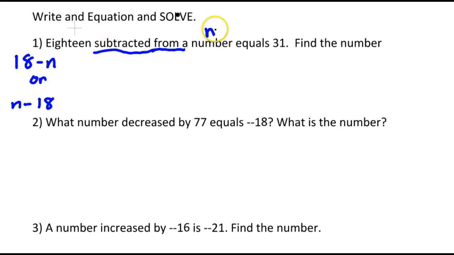So what if it was 18 subtracted from 19? What would you do? What would you say 18 subtracted from 19 equals? It would be 1. 18 subtracted from 19 would be 1.